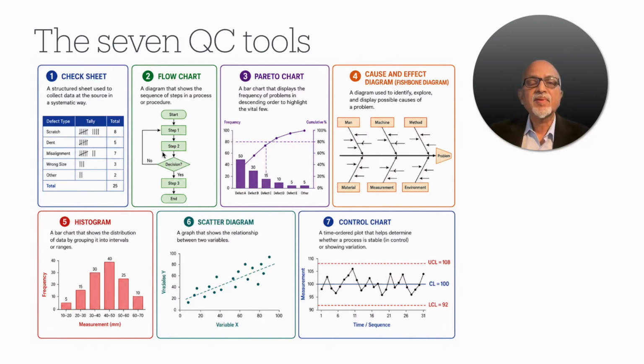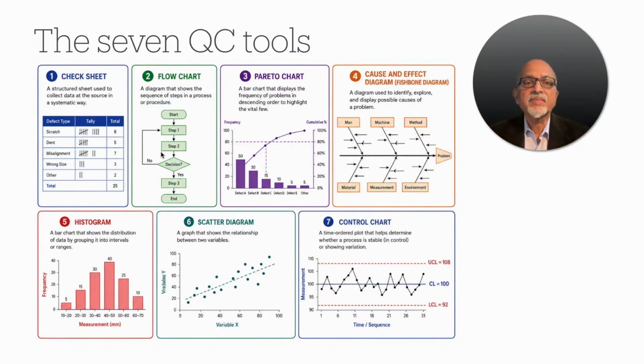Then we have a flow chart. We use flow charts to analyze the process flow. If something goes wrong in the process, we use a process flow chart. It can be as a retrospective, something has gone wrong and we want to analyze where it has gone wrong.